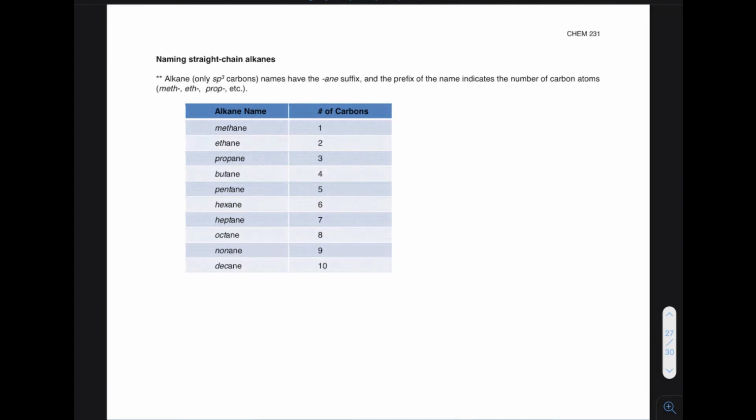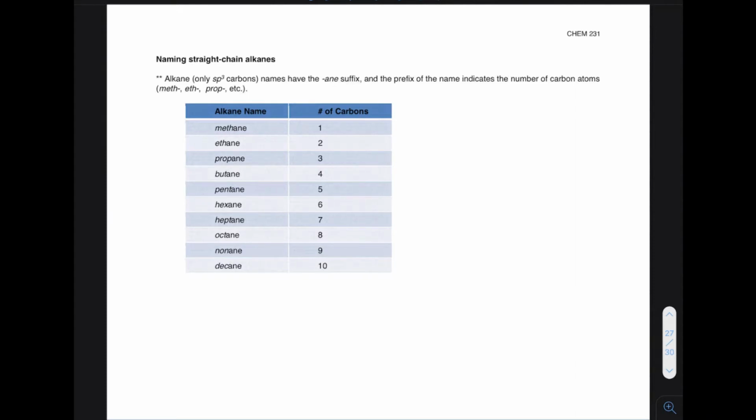So how do we further define alkanes? We're going to talk a lot about this next chapter, but I wanted to introduce it to you here. You probably noticed a lot of them sound the same, like alkane, alkene, alkyne, and a lot of these have the ane suffix.